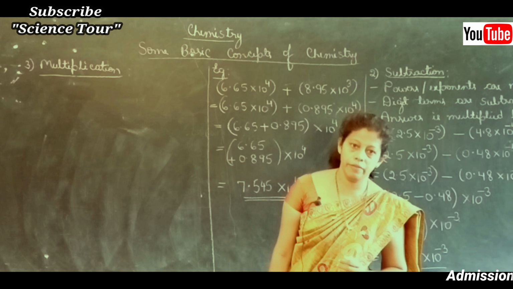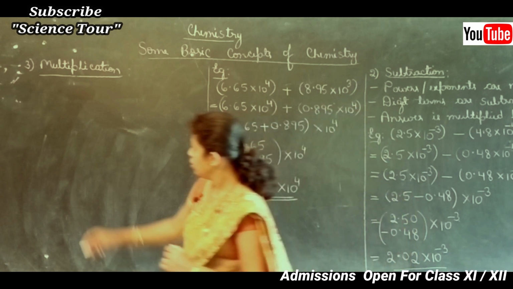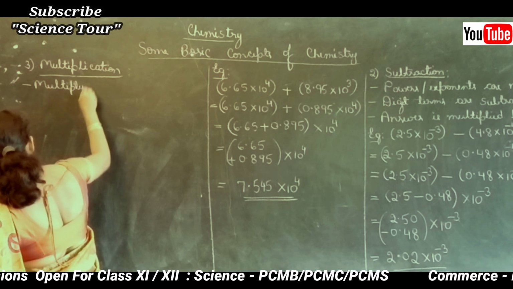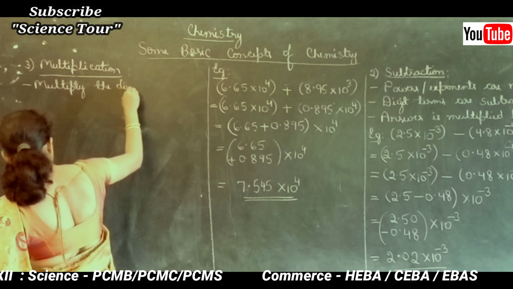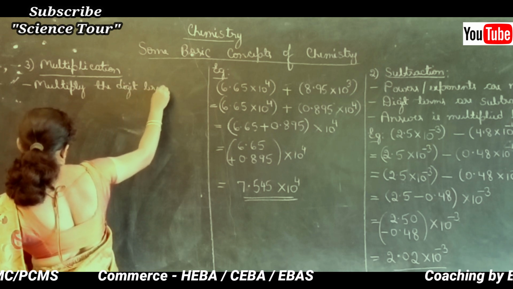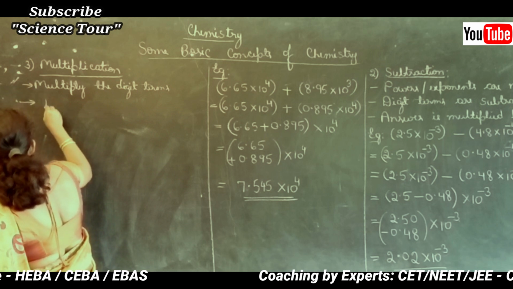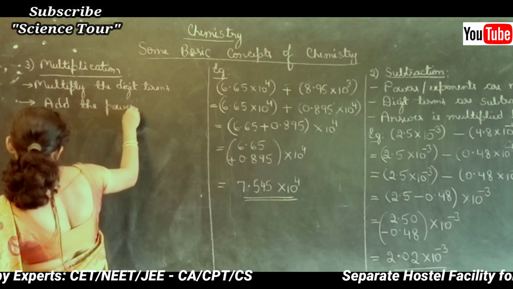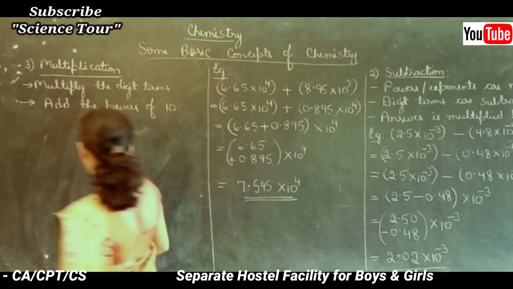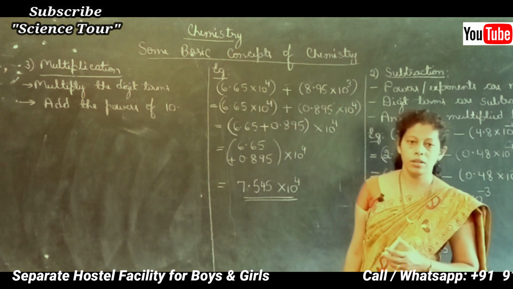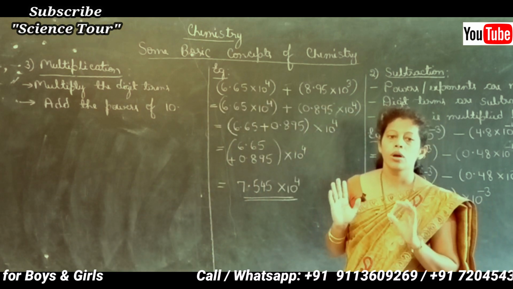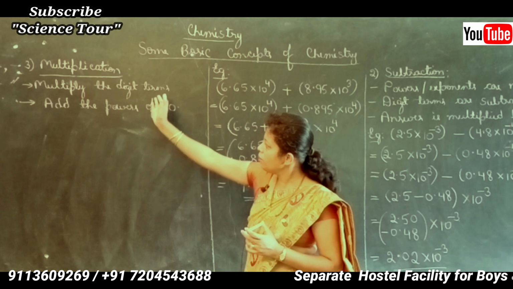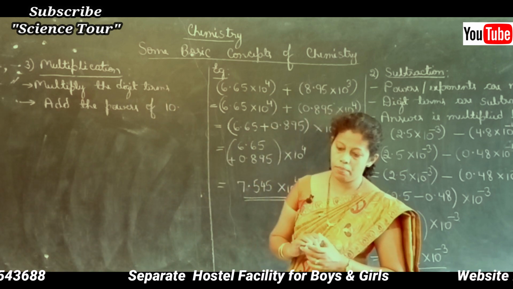Whenever numbers are given in the form of scientific notation, first multiply the digit terms and then add the powers of 10. See, multiplication is very simple. Whatever the exponents are, add the powers of 10 and multiply the digit terms.